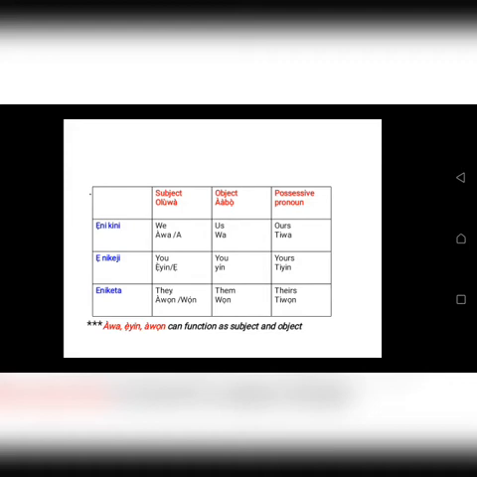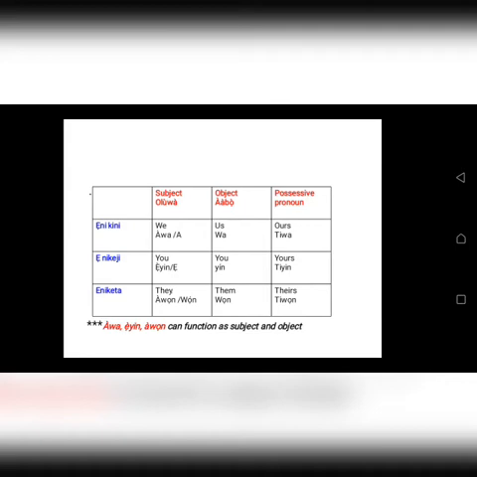The third person is they, and the meaning in Yoruba is àwọn, or you say wọ́n. And in the object position we have them, which is wọ́n. If you take note of that, it's as if we can use the first letter. For example, this awa, you can use a, and when it comes to the object, use wa.